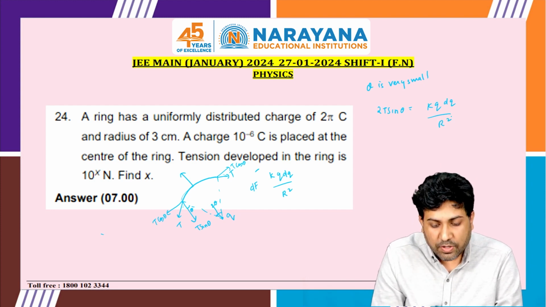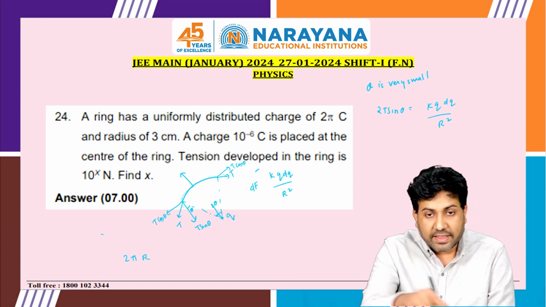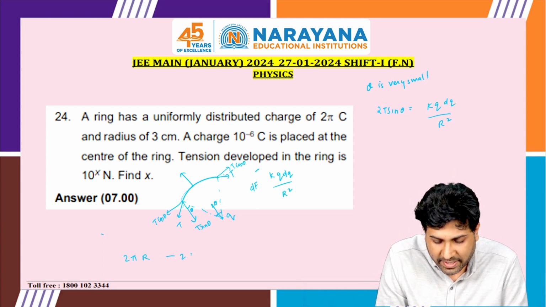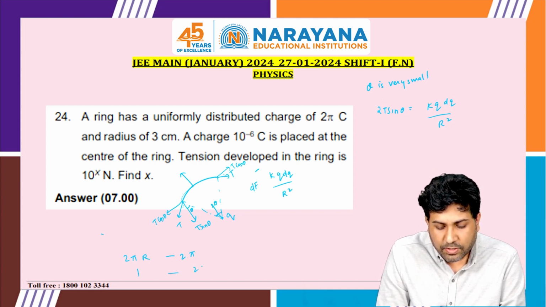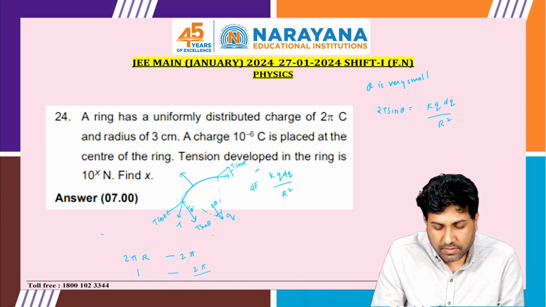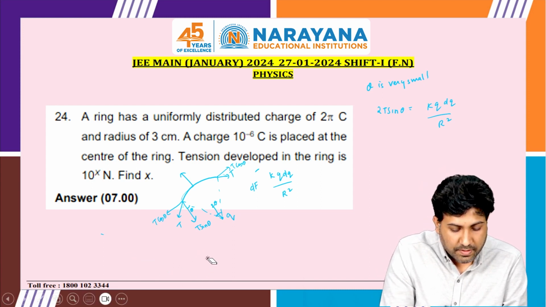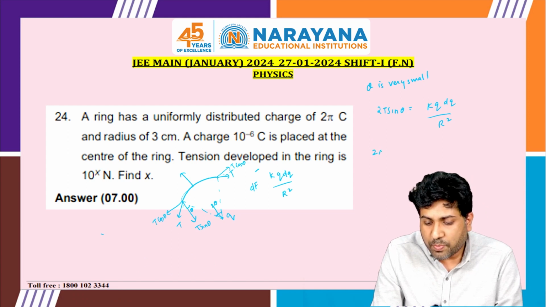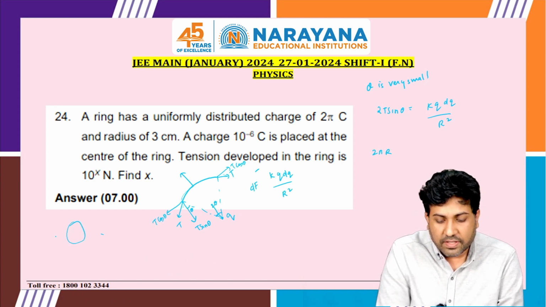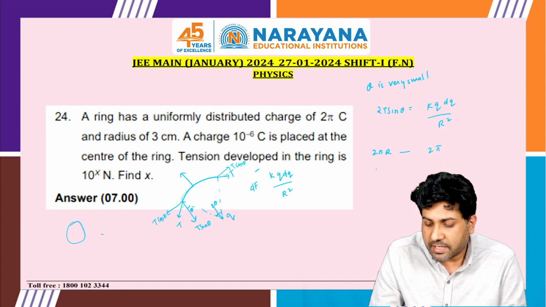Now what is dq? Here I'll write it again. What I was discussing is that 2 pi r length is the total length of the ring, and 2 pi r length has 2 pi coulomb of charge.